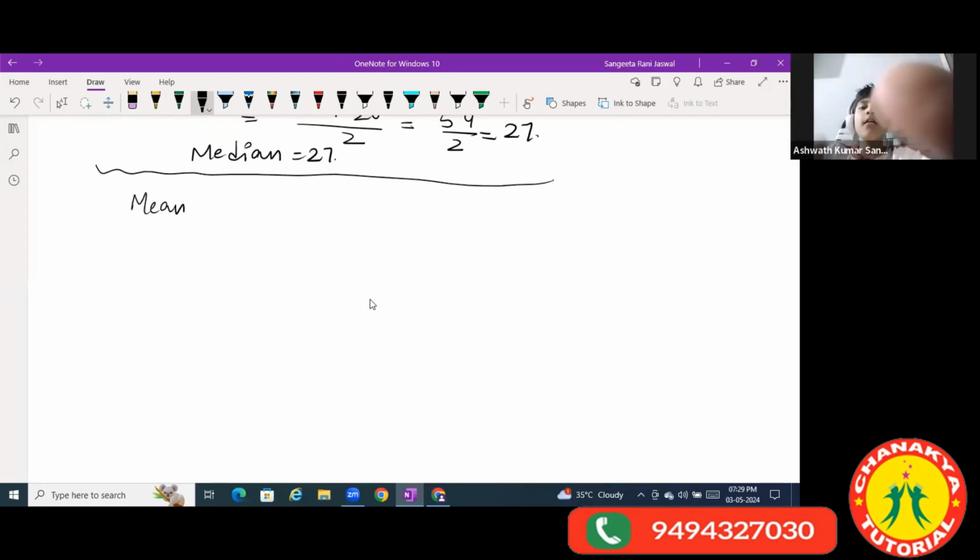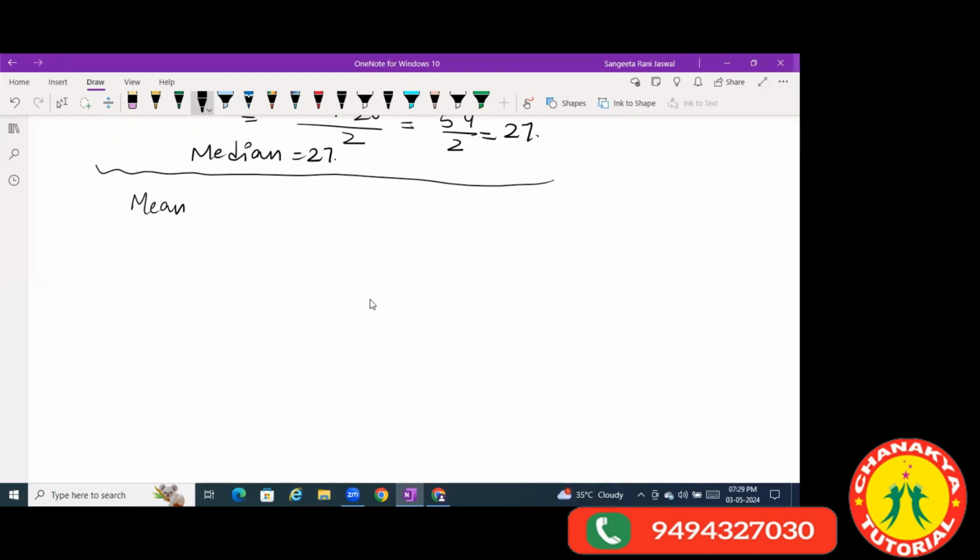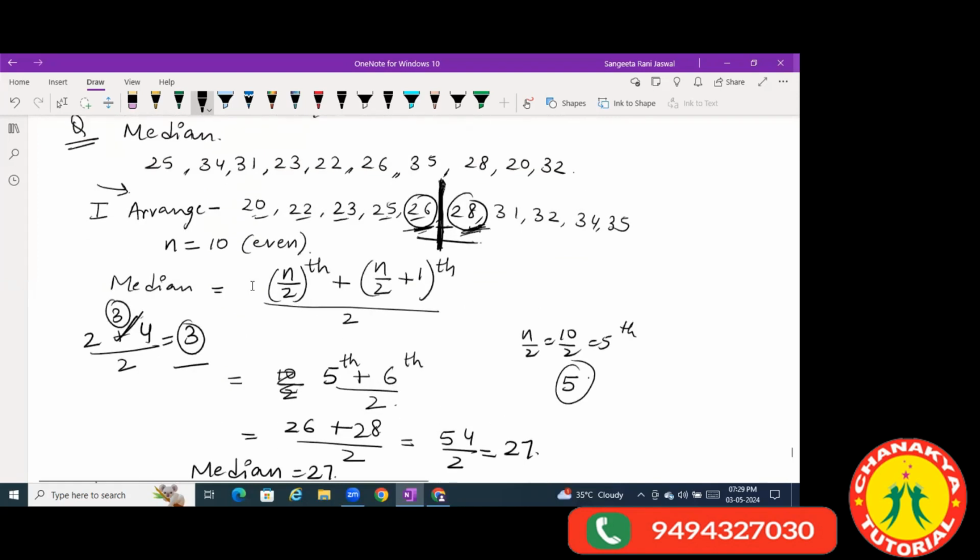Ma'am, you didn't do the range part. Okay, see now, what is the range here in this question? Please see, children. The range is the difference between the highest value and the lowest value.